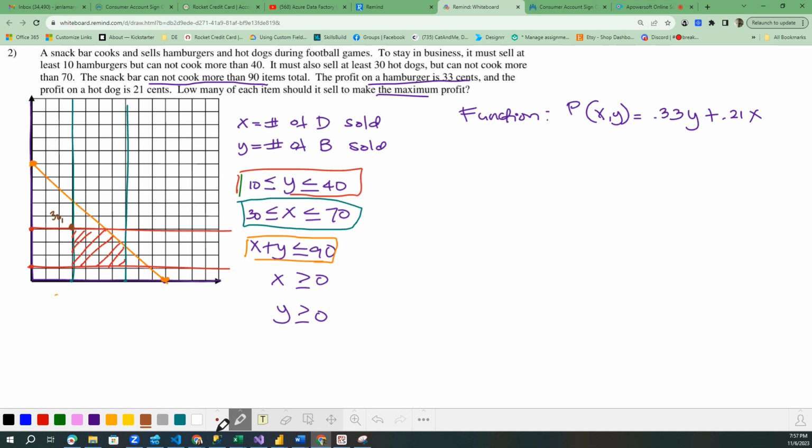30 comma 40, that one. So we put that here, 30 comma 40. And then this one right here, which is 30 comma 10. And then we also have one in here, which is 30, 40, 50, 60, 70.